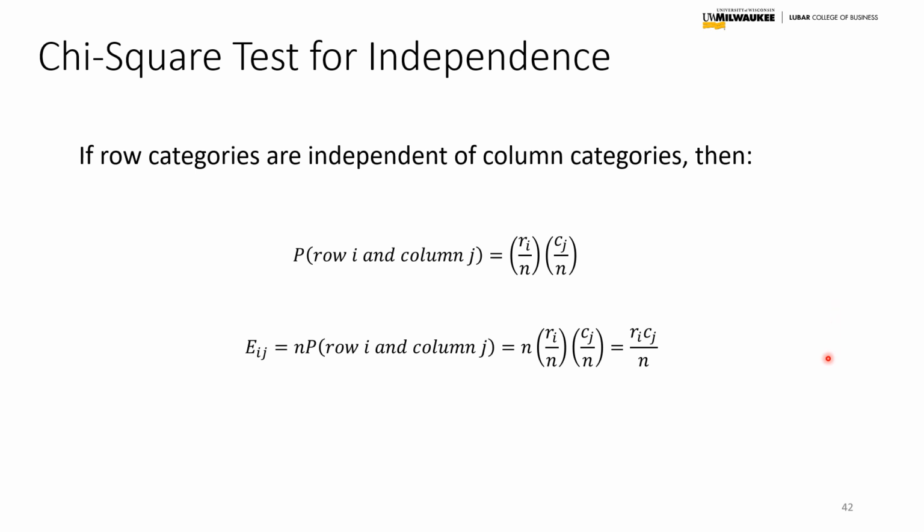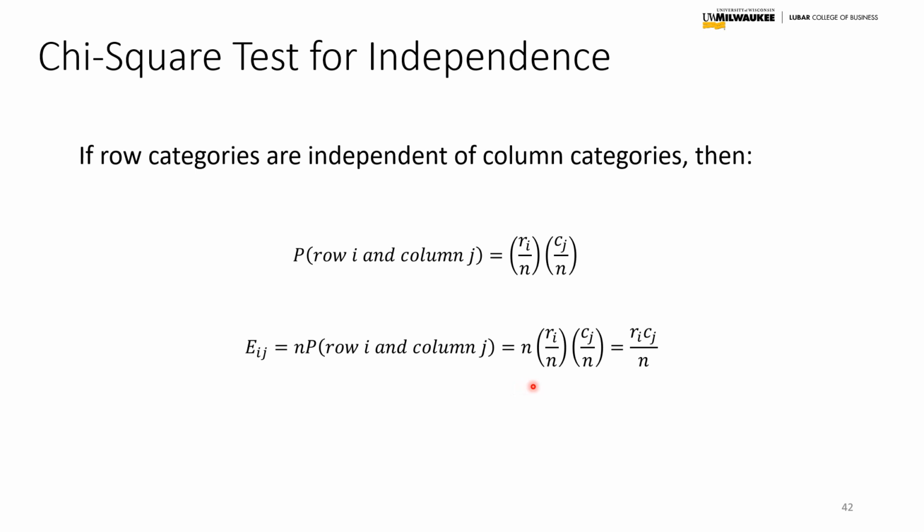The next question would be, given that probability, how many observations do we expect to fall in that cell if the categories are indeed independent? Well, that's simple. All we have to do is multiply N times that probability above, assuming independence.